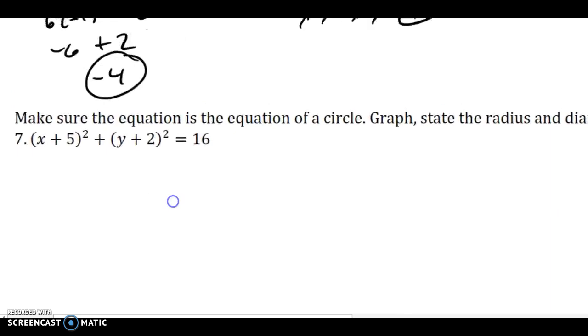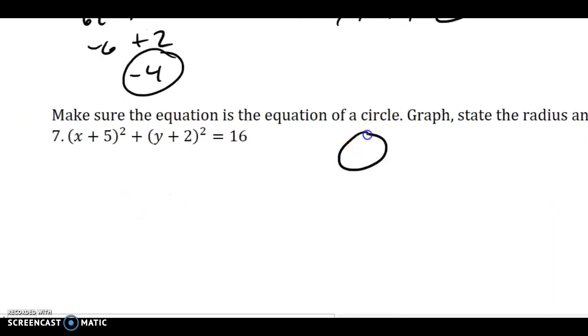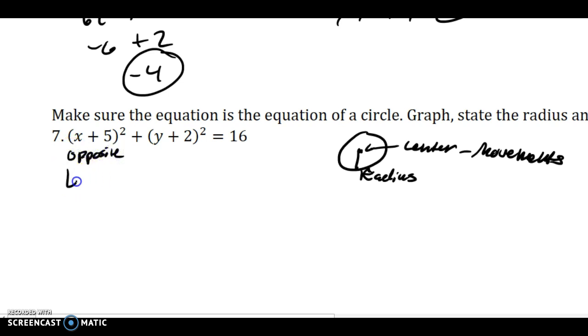Okay? So on a circle, we have a center, right? This is a center, and it has a radius. Okay? So the center follows the same thing as our movements. So this movement is plus 5, but remember x is opposite, right? So we're going to go left 5.